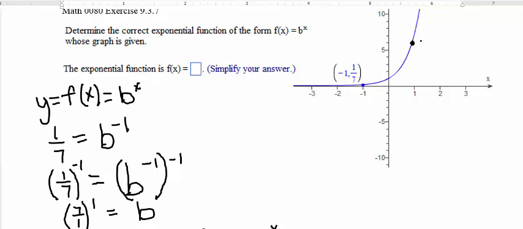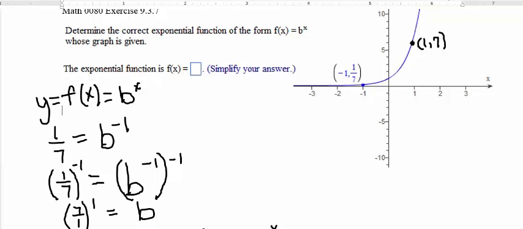So that's probably the easiest point to look at. What is the value of y when x is 1? If the function is of the form f of x equals b to the x, if you can see what that y value is when x is 1, you'll see what your b is.